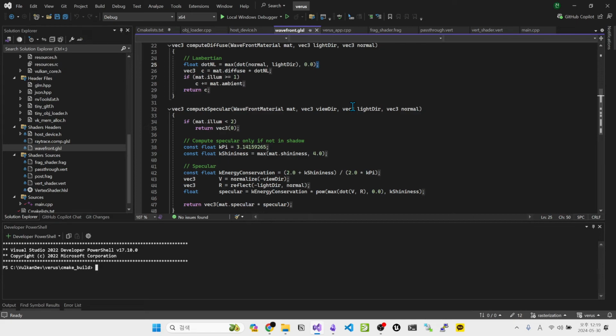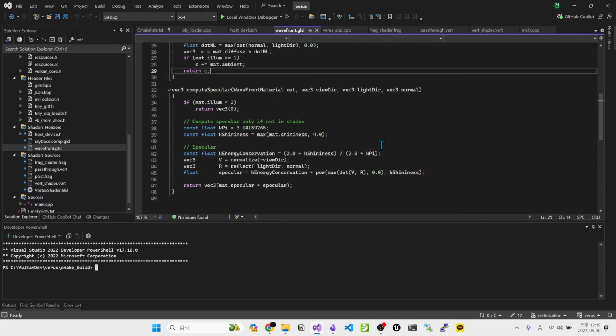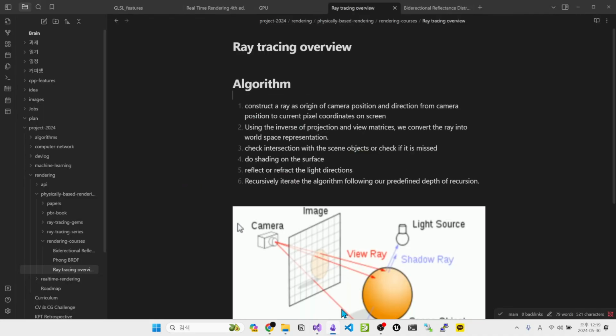If the dot product result is outside of this hemisphere, we don't care about it, so we set it to 0. And we do the same thing for the specular reflection here. Actually, I want to explain this with my notes, but I have no iPad right now, so I'm sorry about that.